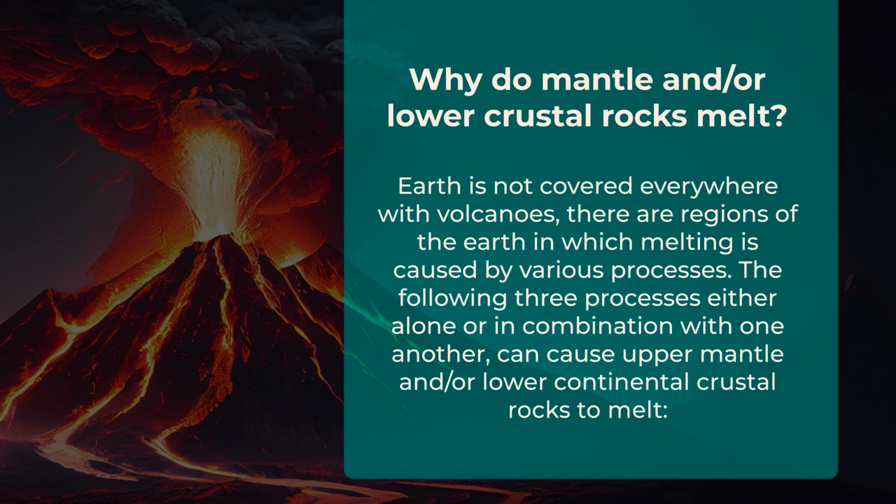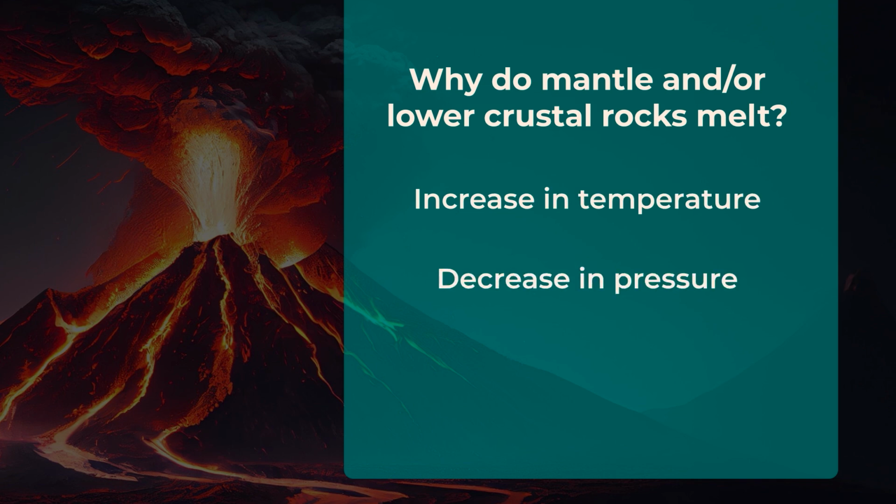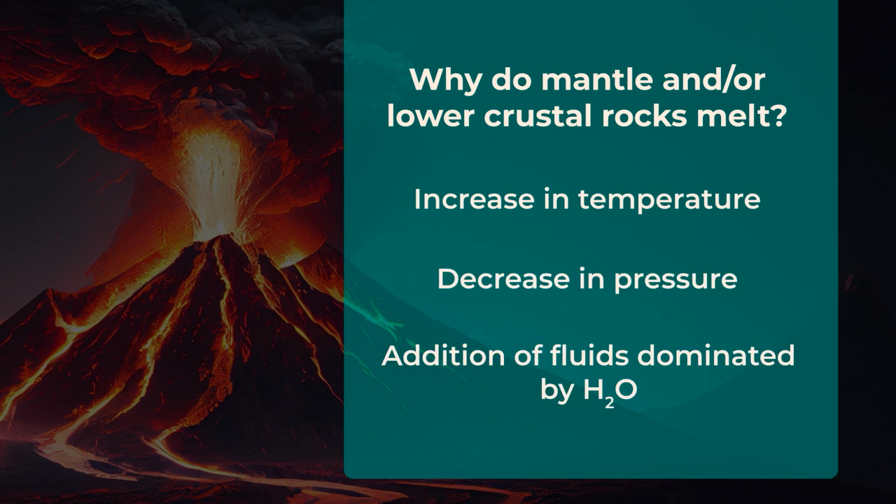The earth is not covered everywhere with volcanoes. There are regions in the earth in which melting is caused by various processes. The following 3 processes, either alone or in combination, cause the upper mantle or lower continental crustal rocks to melt: increase in temperature, decrease in pressure, and addition of fluids dominated by water.